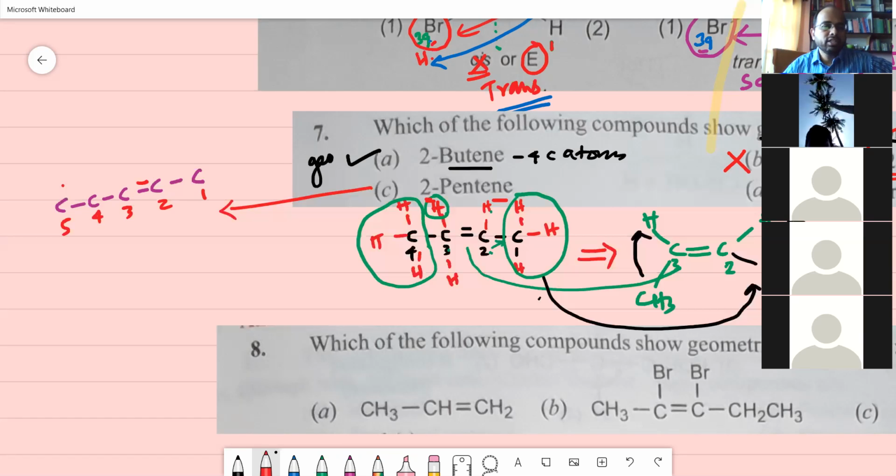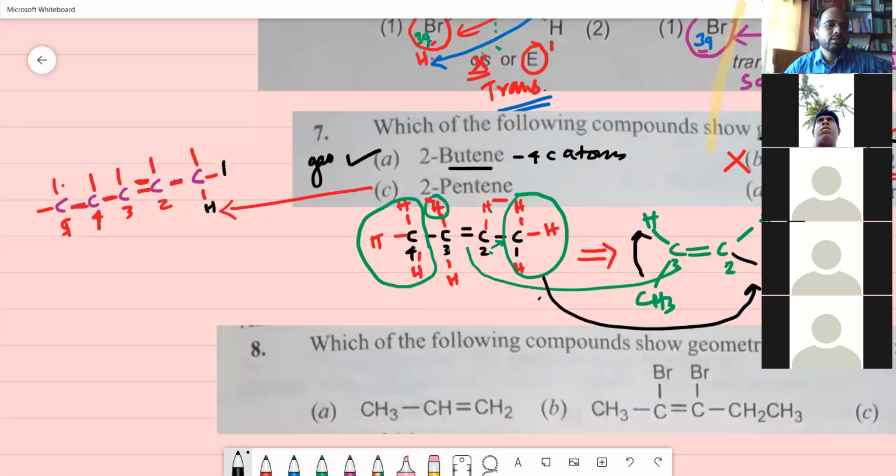Now I have to satisfy the valency. 1, 2, 3, 4. 1, 2, 3, 4. So I'll write H here.